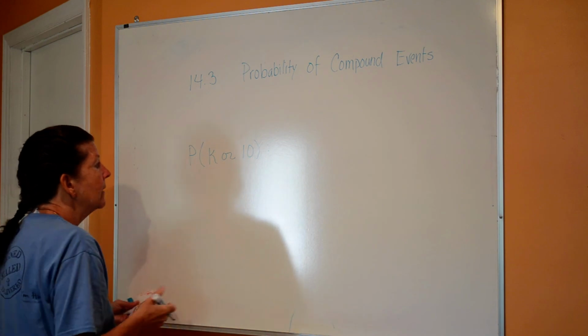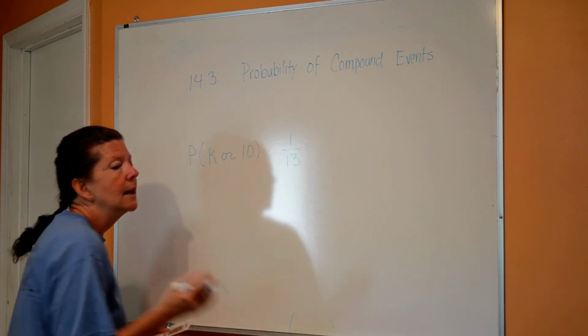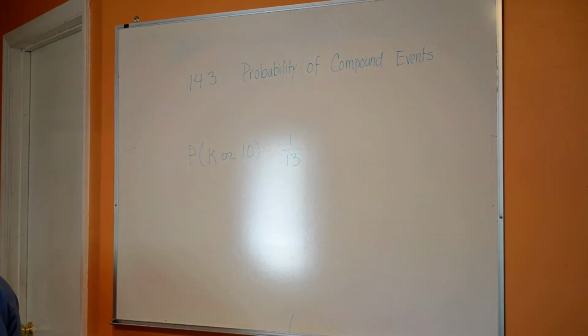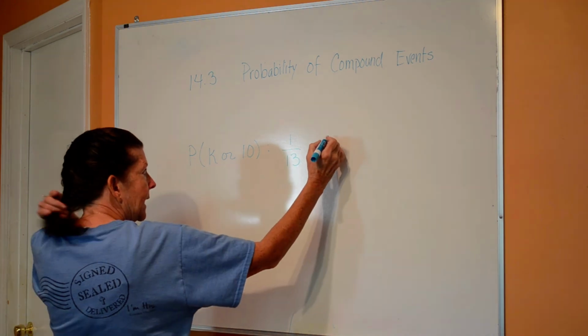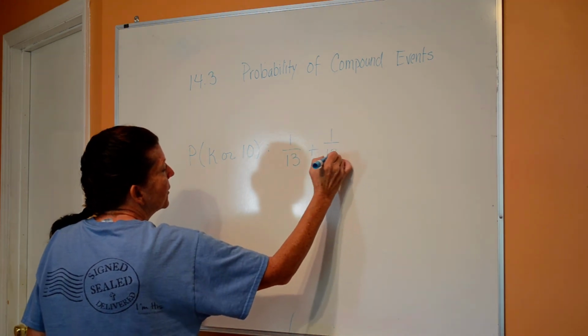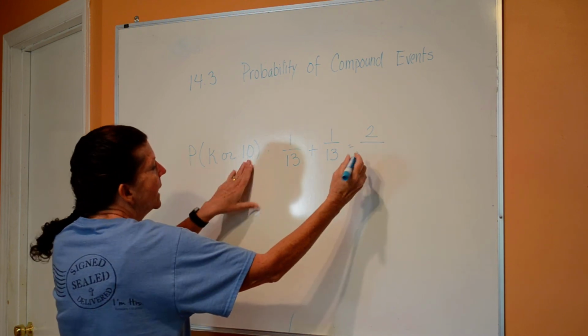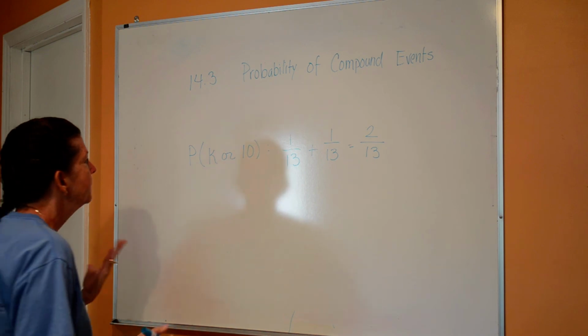The probability of getting a king would be 1/13. Now let's say I put that back in. If I put that back in, then the probability of getting a 10 would be 1 out of 13 as well, or the probability of getting either a king or a 10 would be 2 out of 13, okay?